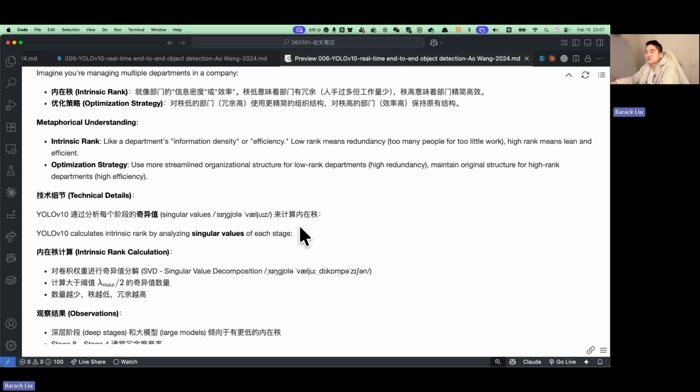And here are some technical details. YOLOv10 calculates intrinsic rank by analyzing singular values of each stage.